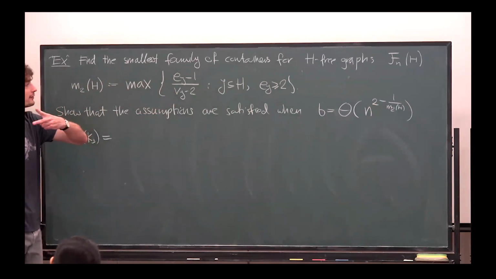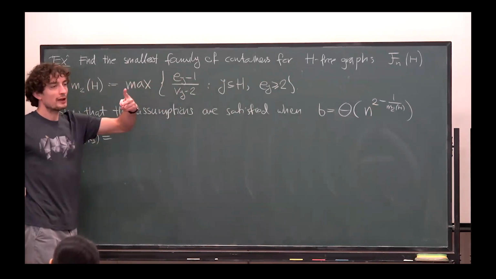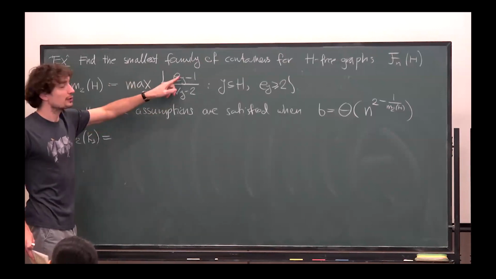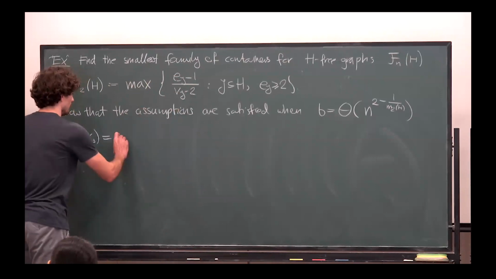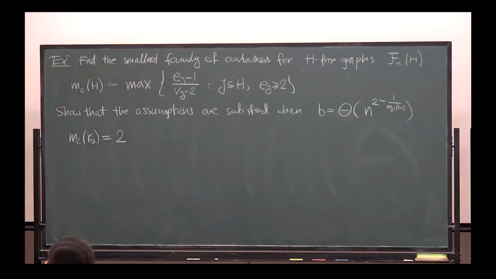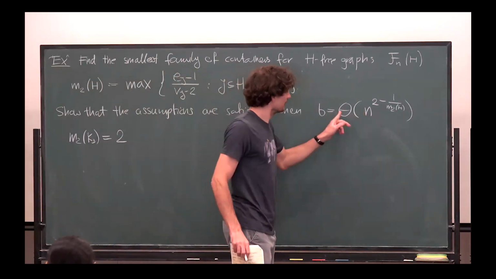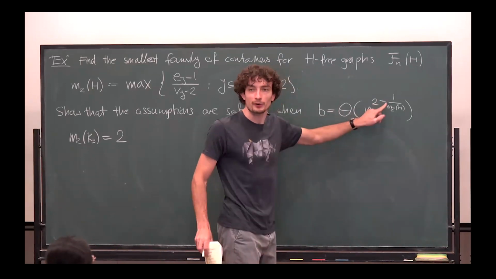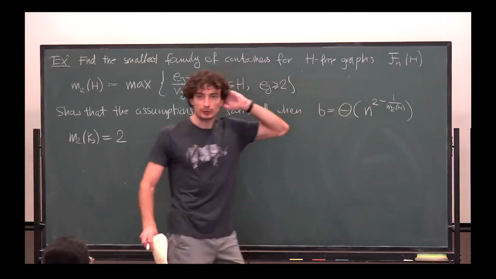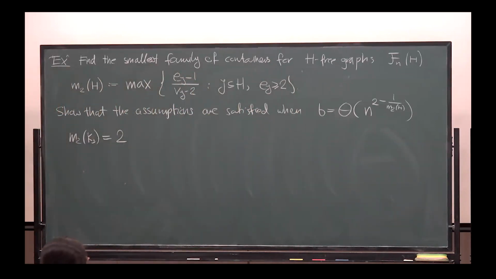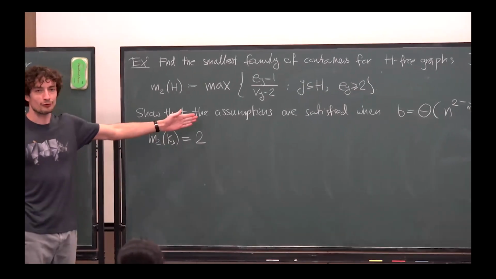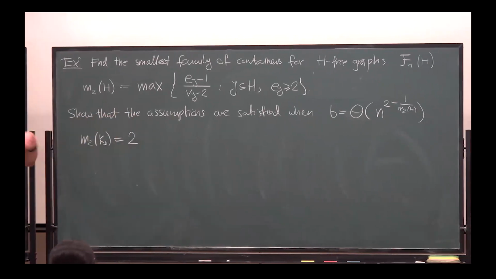The path of length 2, which has 2 edges and 3 vertices, so it gives 1 over 1. But it's also the triangle itself, which is 3 minus 1 divided by 3 minus 2. So it's precisely 2. And then you see that we're asked to show that the assumptions hold with B equals n to the power 2 minus 1 over 1/2, which is 3/2, which is precisely what we've done. But now there's many more conditions to check. However, I already told you what the answer should be, so you don't need to guess the B, but just to verify that indeed this is satisfied.